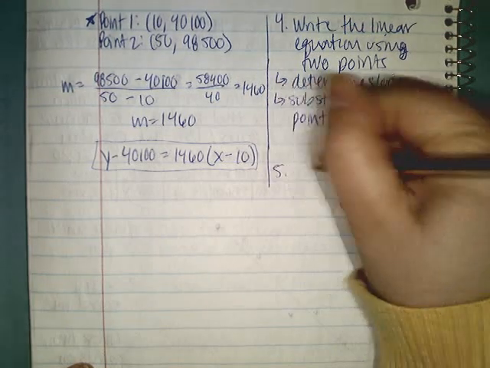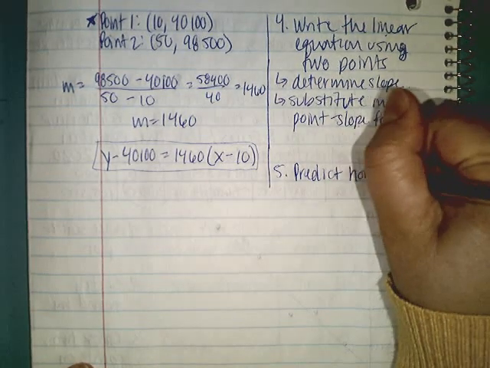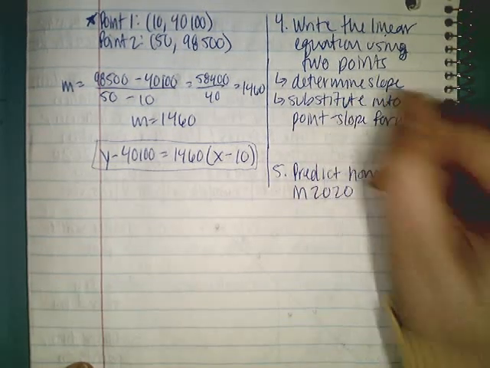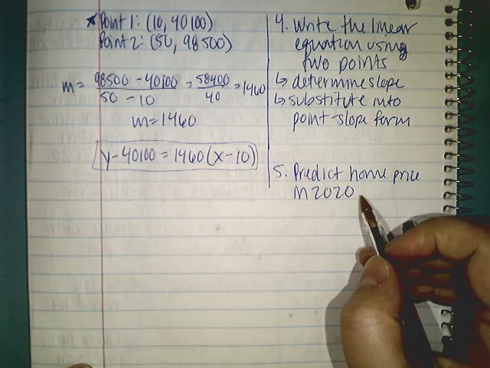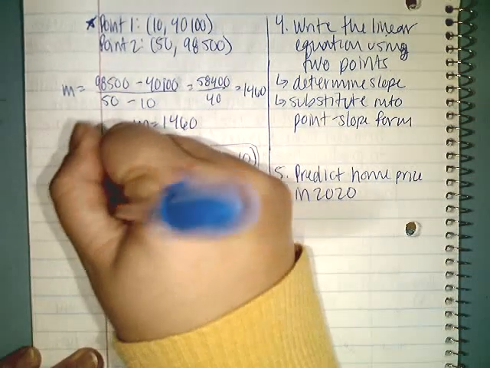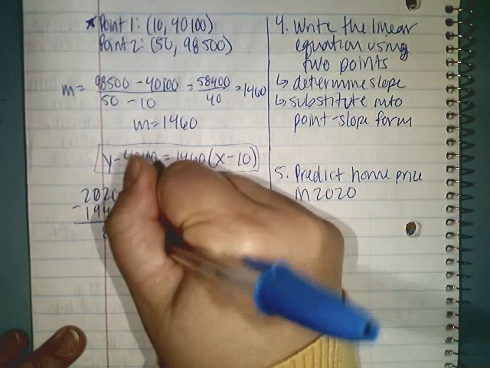So to predict the median home price in 2020, how many years after 1940 is that? We'll do 2020 minus 1940, and we get that it is 80 years.